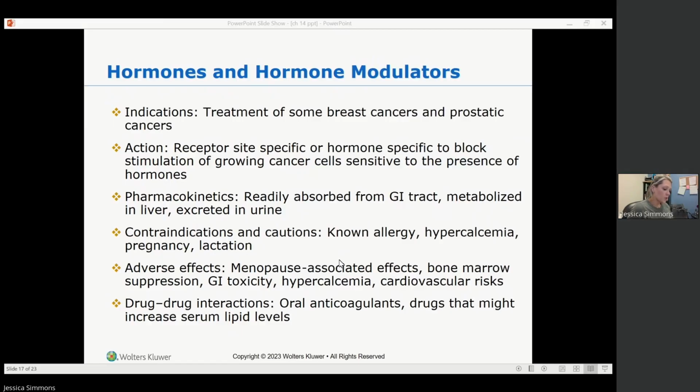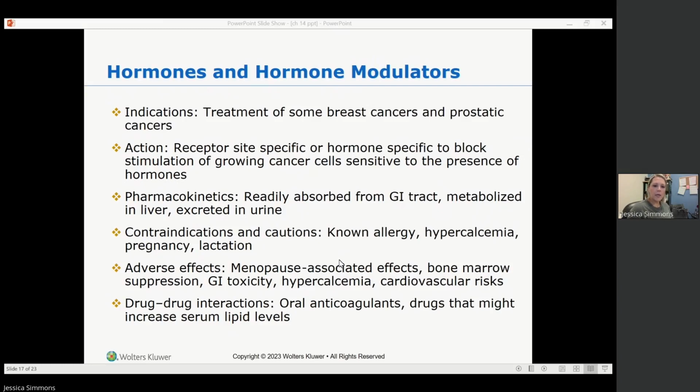So I do want you to look specifically, for these drugs, at patient education. Because obviously, if you're giving these drugs, you want to know about them and how they work. But I think it's really important because so many of our patients have cancer or have had cancer or know someone with cancer.